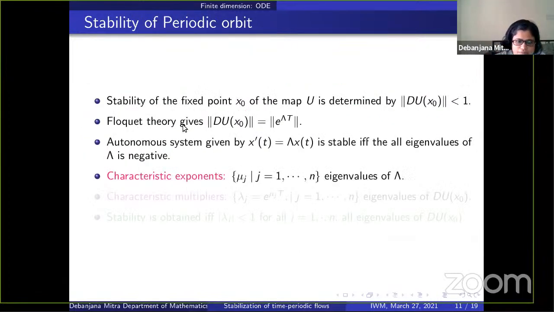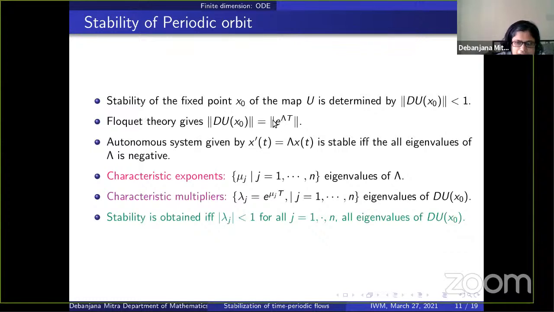The stability of the fixed point x naught of the map is determined by the differential map of U at the point x naught: the norm of DU(x naught) has to be strictly less than 1.